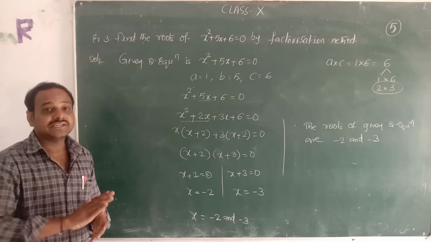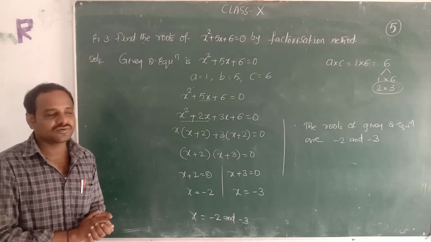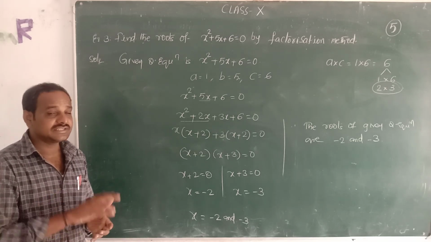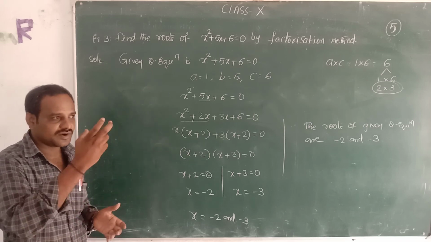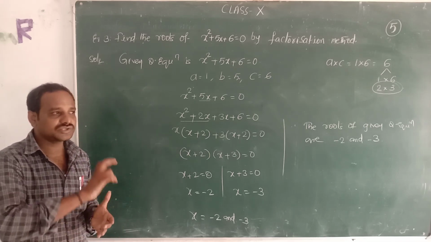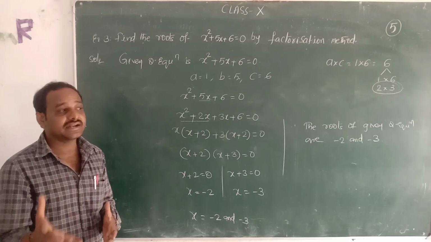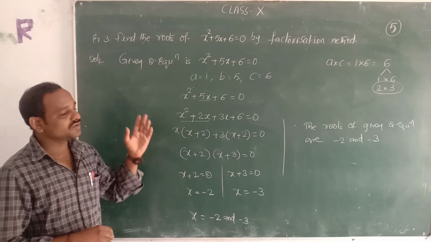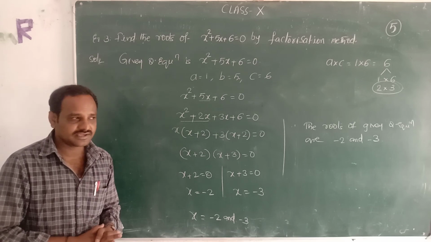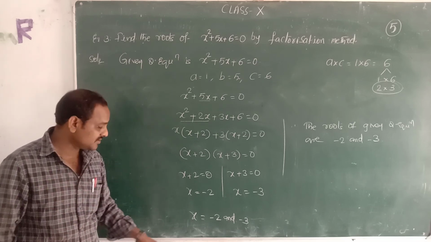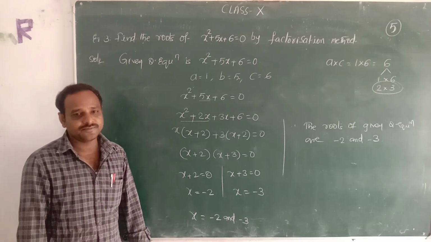Okay. So in the next class we are going to discuss the second type of problems. If a word problem is given, how to convert that into the form of a quadratic equation, and later find the roots of the given quadratic equation. That means nothing but the values of x. Do you understand? Thank you.